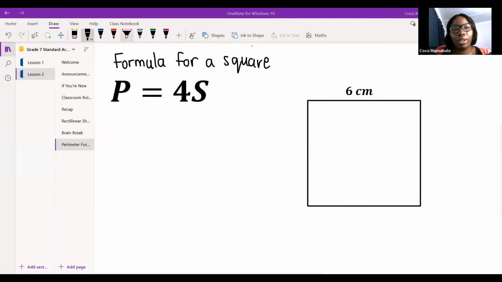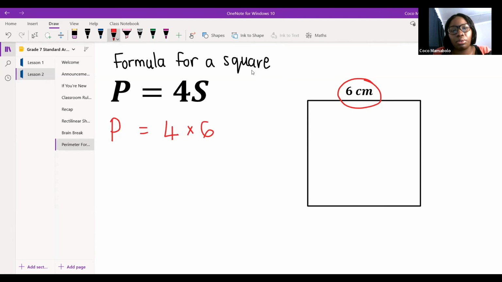I know you know the answer for this one. If I have one side over here, this is 6 centimeters, right? What do we know about the size of a square? All sides are equal. Excellent. So if I want to calculate for the perimeter, P is equal to 4 multiplied by the sides. And if the side is 6 centimeters, I'm just going to go 4 times 6.